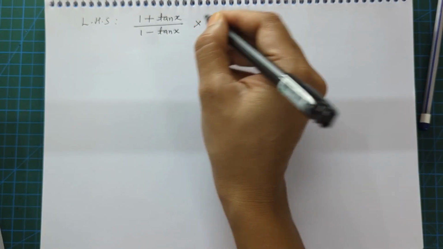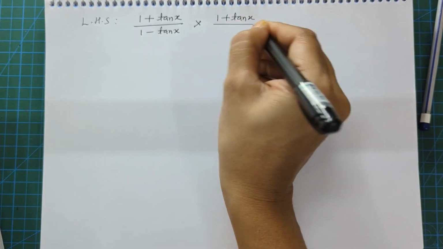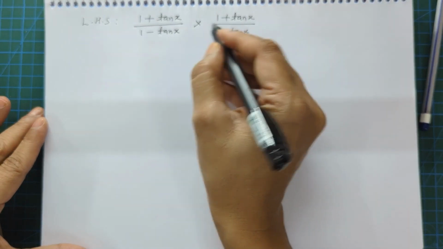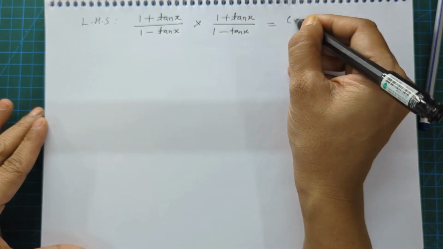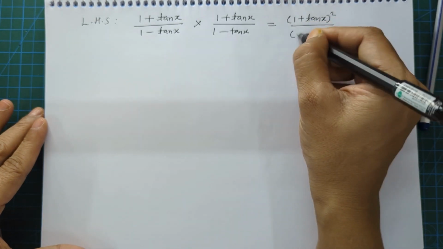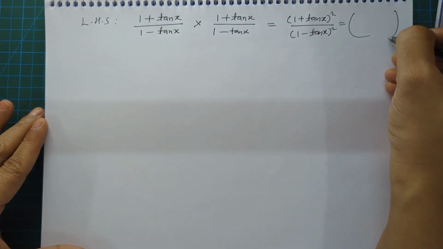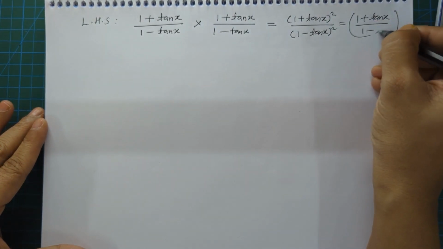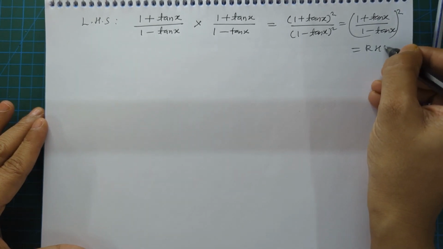So I am just multiplying by the reciprocal, which is 1 plus tan x upon 1 minus tan x. Now when we multiply fractions, we multiply the numerators and the denominators. So the numerator turns out to be 1 plus tan x whole square divided by 1 minus tan x whole square. We can take the exponent as common, 1 plus tan x divided by 1 minus tan x whole square, and this happens to be the RHS.